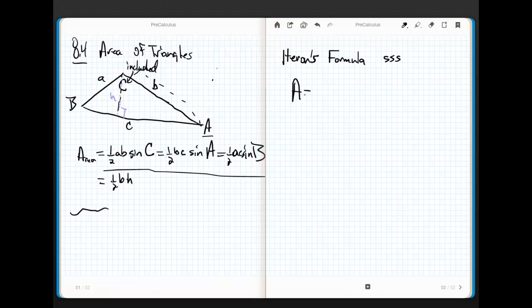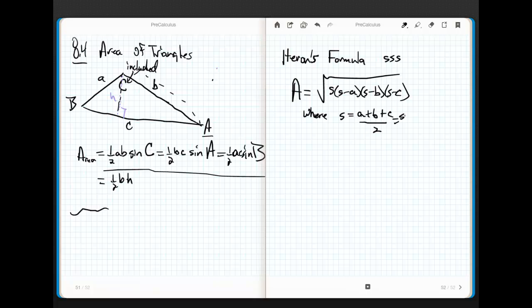The area is equal to, hopefully you guys have seen this before, the square root of S times S minus A times S minus B times S minus C, where S is equal to A plus B plus C divided by 2.